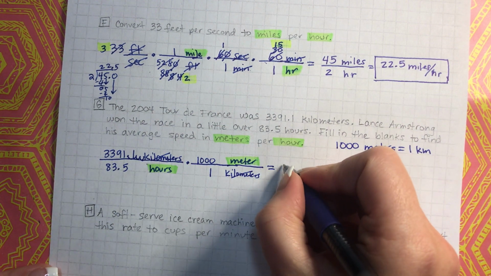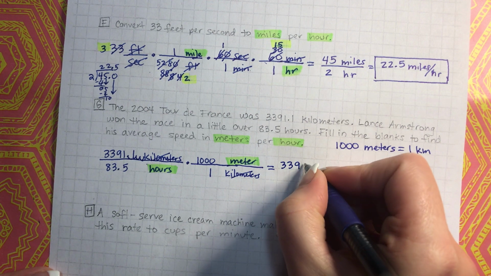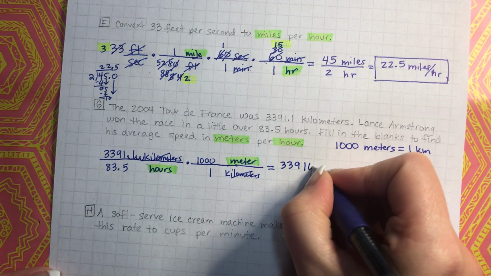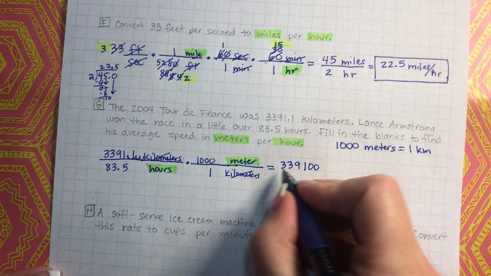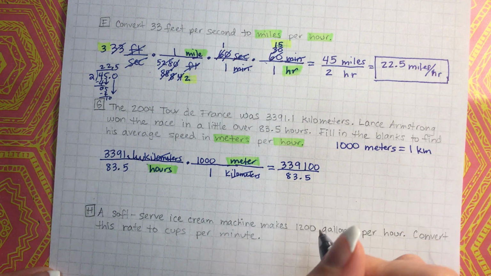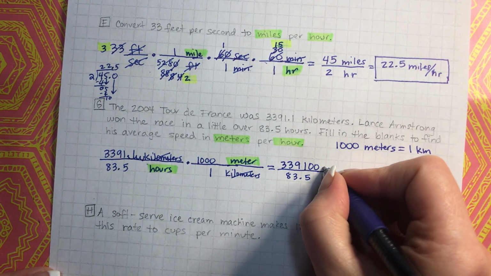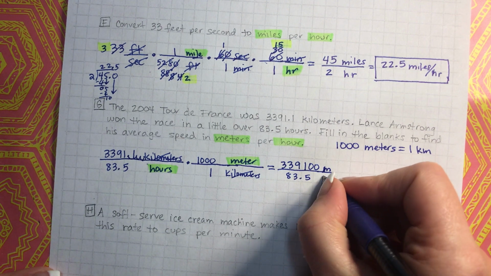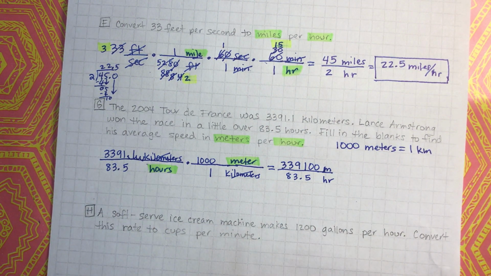So that means our number that we're going to be dealing with is 3391 and then 00 over 83.5. And this is in meters per hour. Meters is just an M.